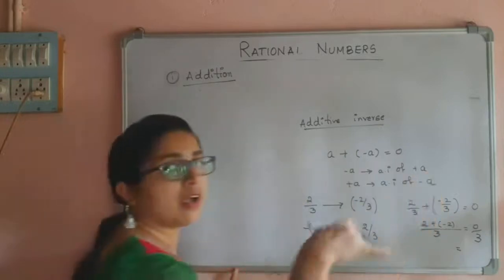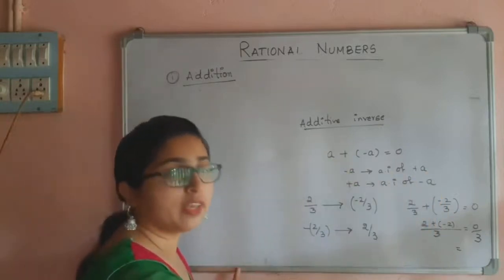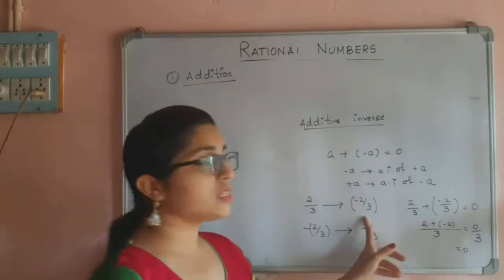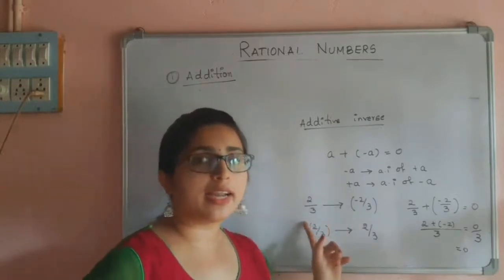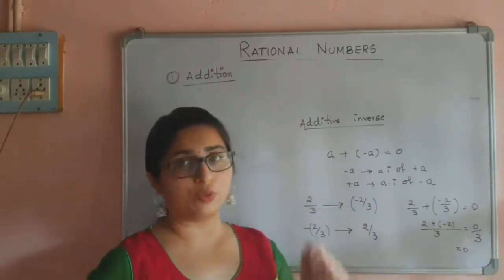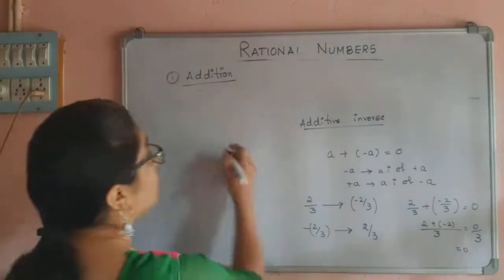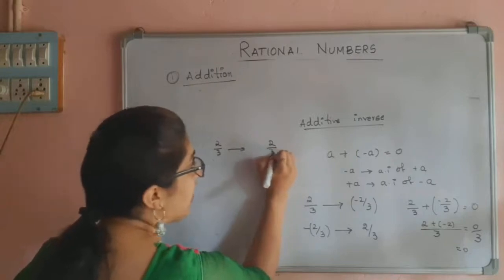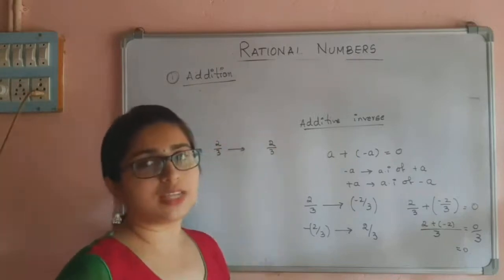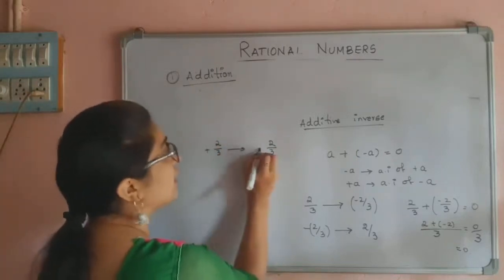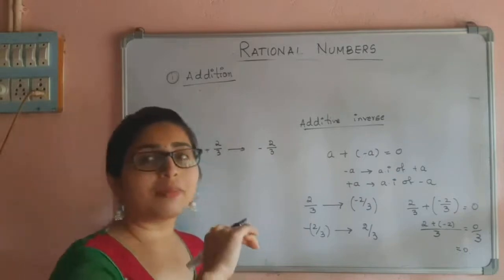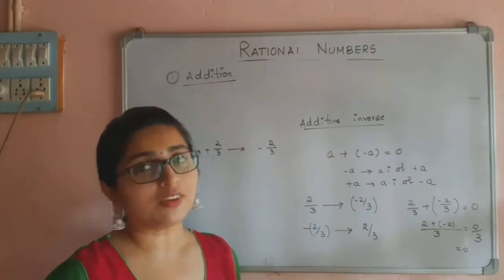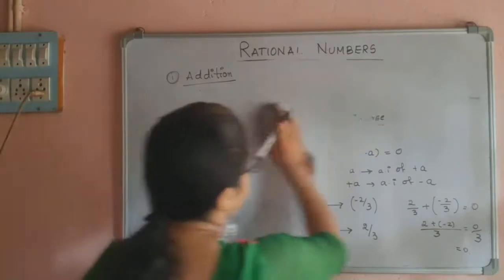And 0 divided by anything will give you 0. So I can say minus 2 by 3 is the additive inverse of 2 by 3. You just have to take the number as it is and write the opposite sign. If you are having plus, take it minus. If you are having minus, take it as plus. So that will give you the additive inverse.